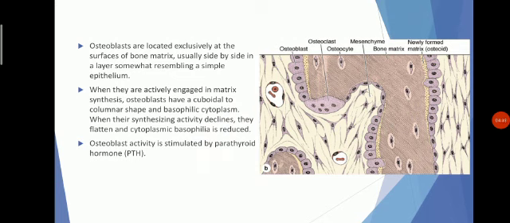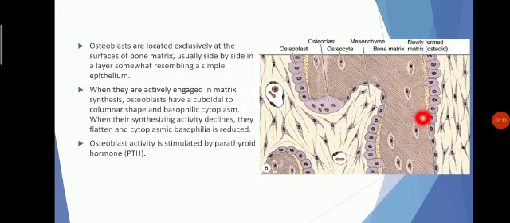Osteoblast activity is stimulated by parathyroid hormone, PTH. This diagram shows the osteoblast, this is the osteoclast, these are the osteocytes, and these are the mesenchymal cells. The whole is the bone matrix in which lie the osteocytes. This is the cavity surrounding the osteocyte, the lacuna, and this is the newly formed matrix, that is osteoid.